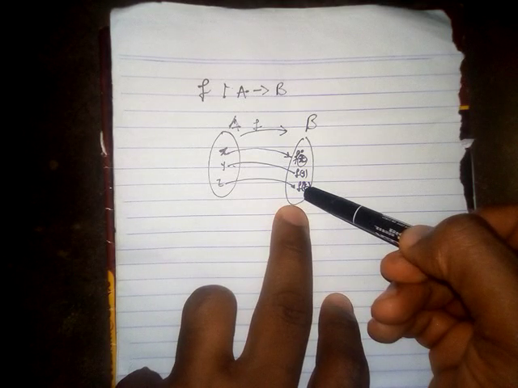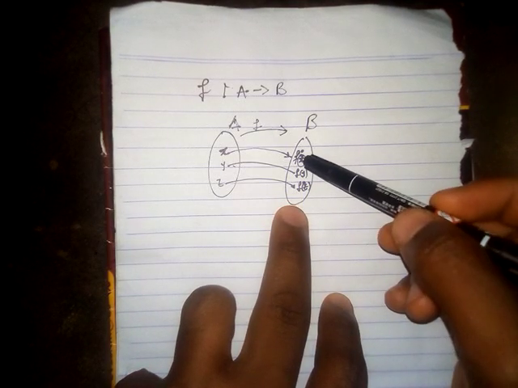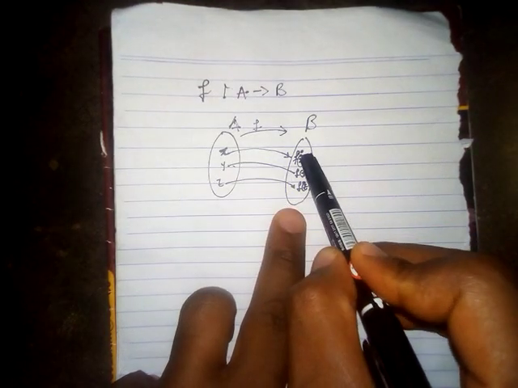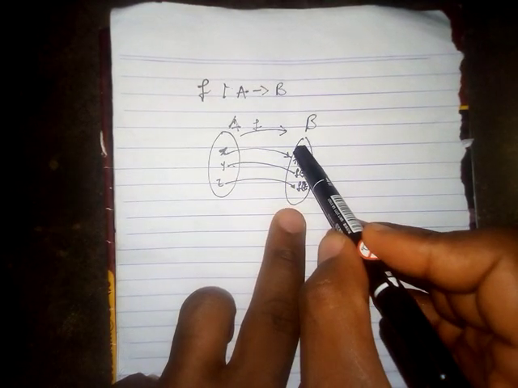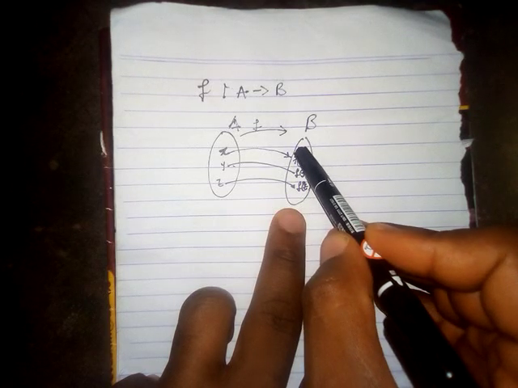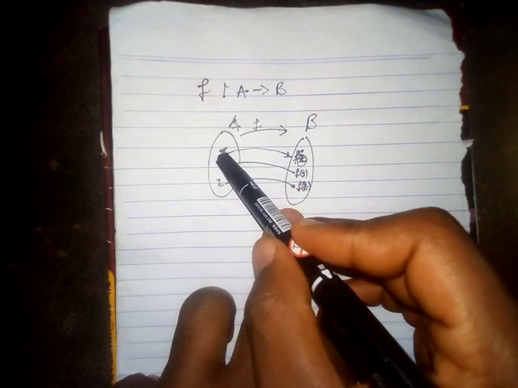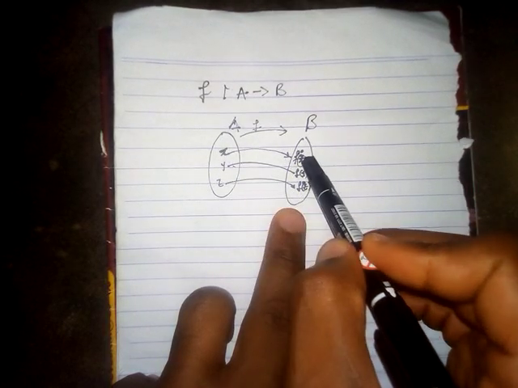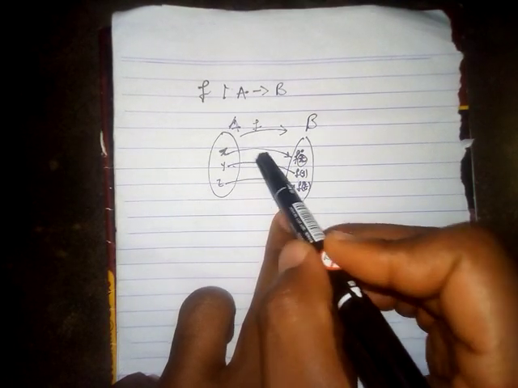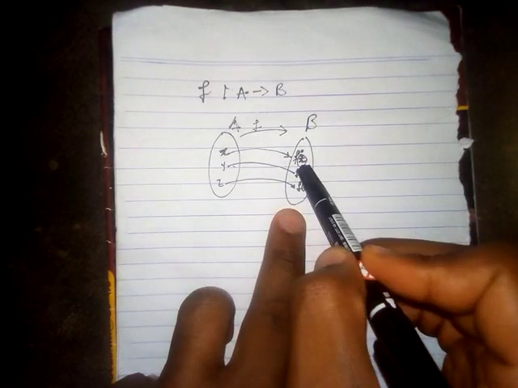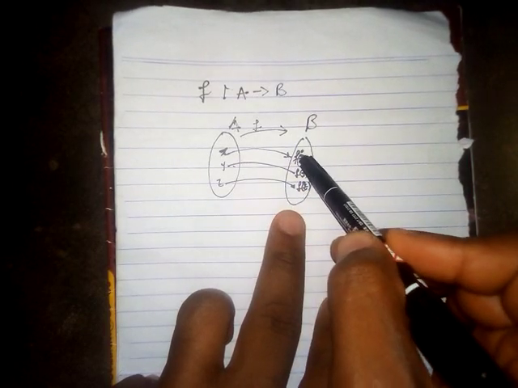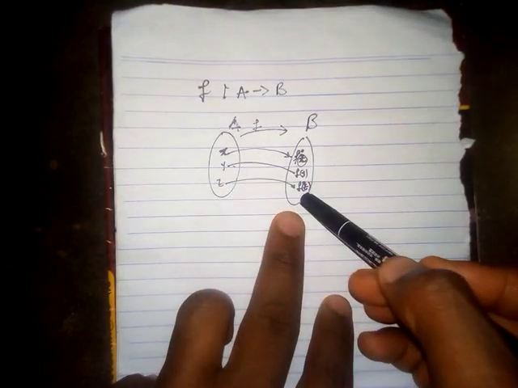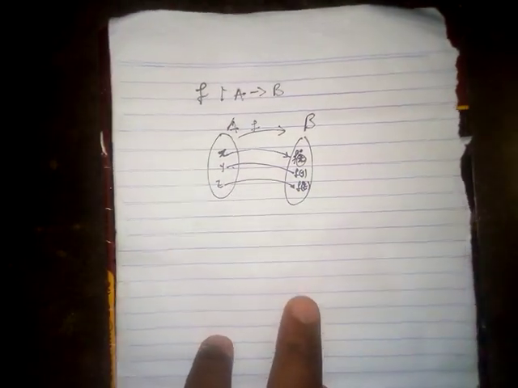The reason why we denote this as f of x is that x is being assigned to f of x, so the element in B is called the image of the element in A if the element in A is being assigned to that element in B. So we call f of x the image of x. The same thing applies here. We call it the image of y, and this is the image of z. So that's what a function is.